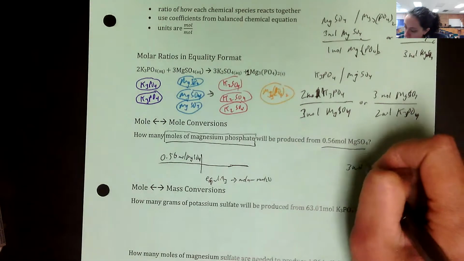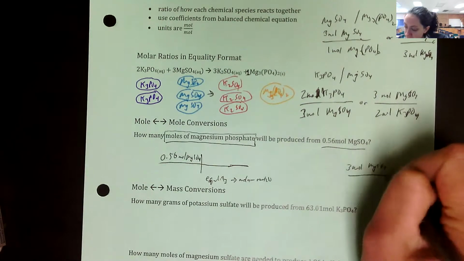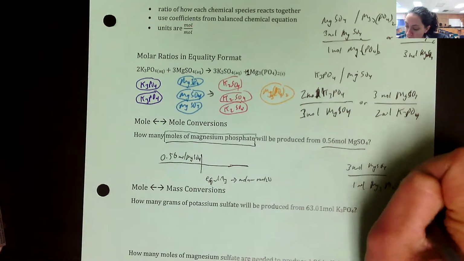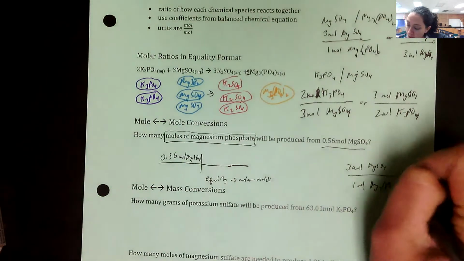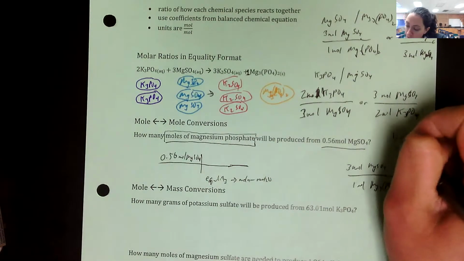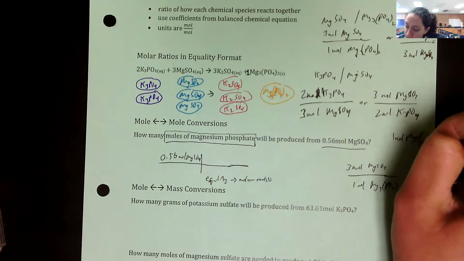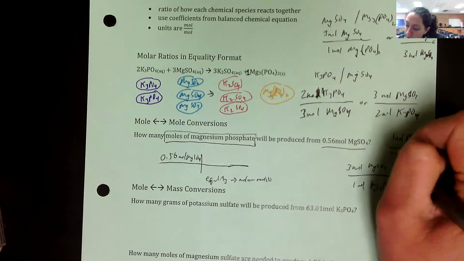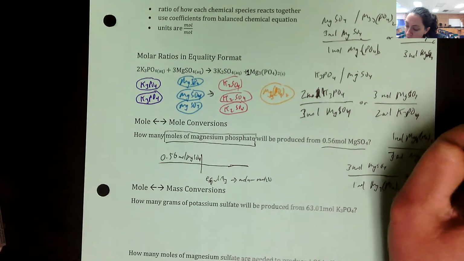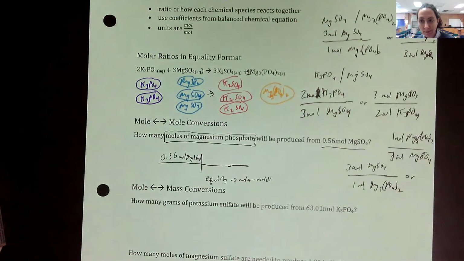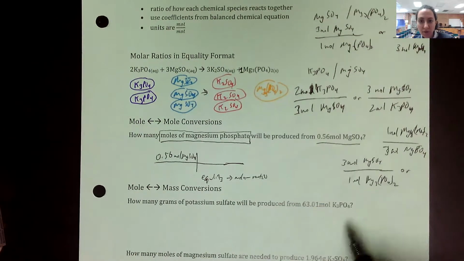For every 3 moles of magnesium sulfate, you can form 1 mole of magnesium phosphate. Or another way to put that, for every 1 mole of magnesium phosphate, you're going to require 3 moles of magnesium sulfate.